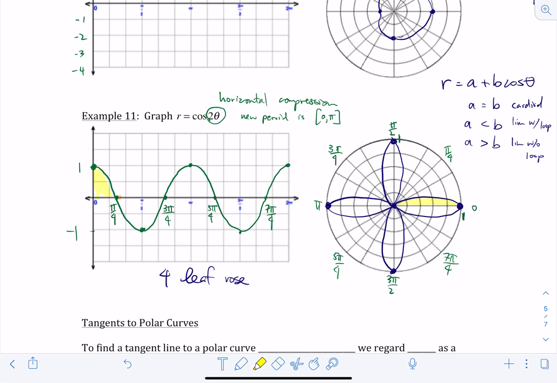Then this part that's below the axis right there, that's all the stuff that's going behind you from pi over 4 to 3 pi over 4. That's this entire thing right here.